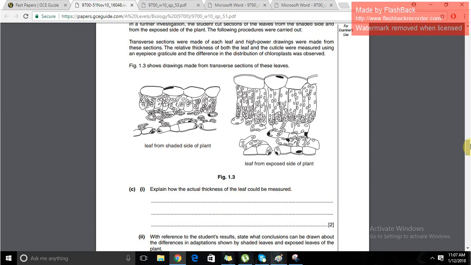And we can also conclude the thickness of the leaf from the exposed side of the plant is much thicker than the leaf from the shaded side. That is what we can conclude. For what reason, I don't know.